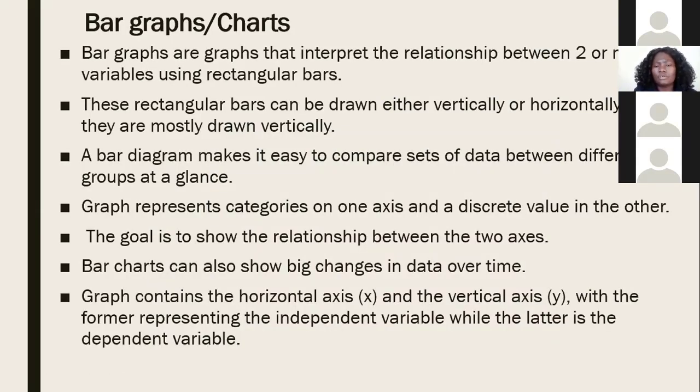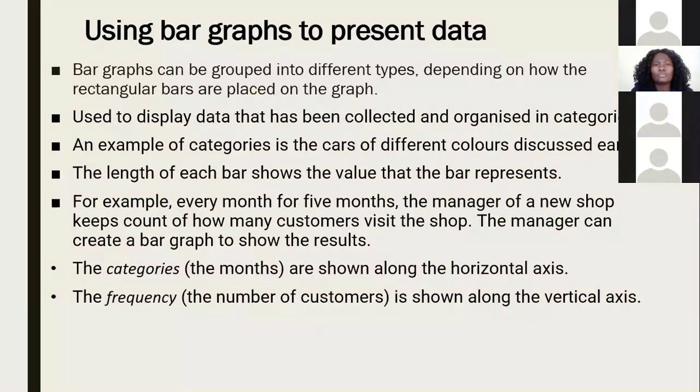Like I said, the horizontal axis gives us the months. So the months are independent, whilst on the vertical axis the number of customers is dependent on the months. So how do we use bar graphs to present data?